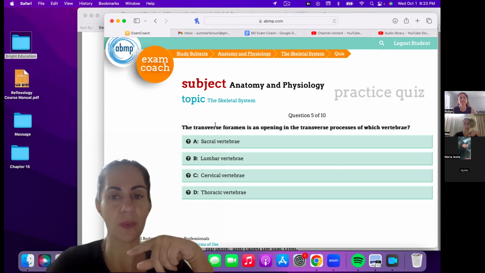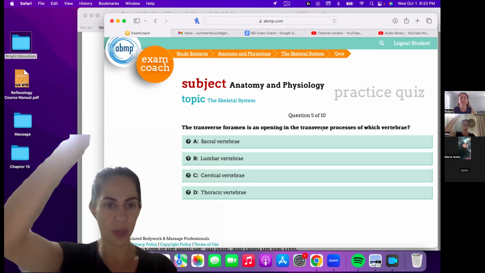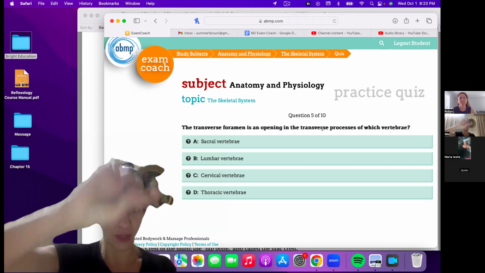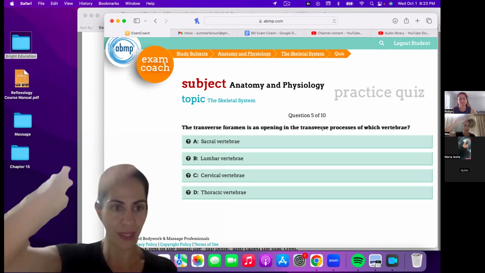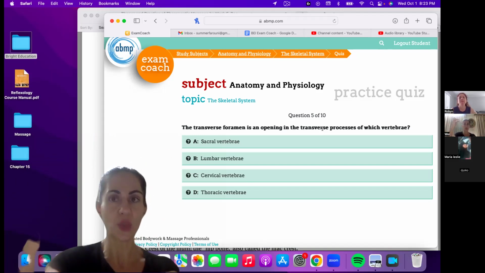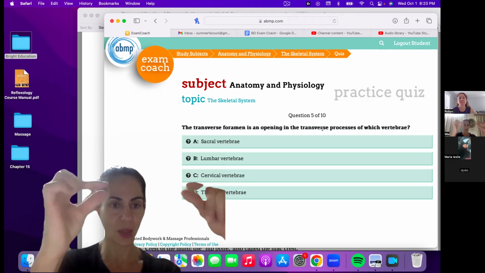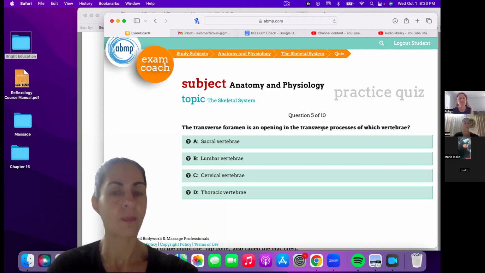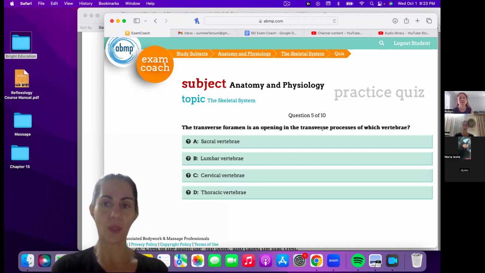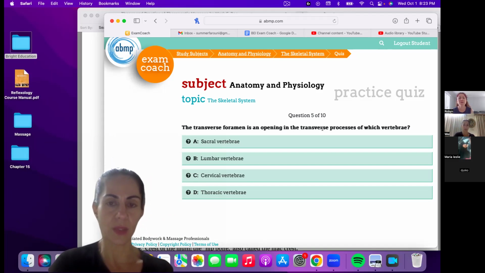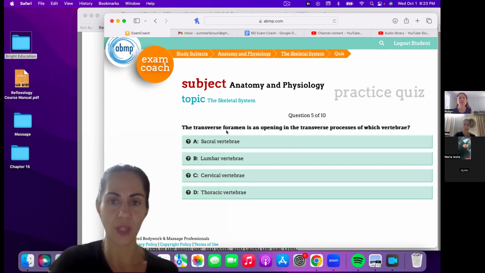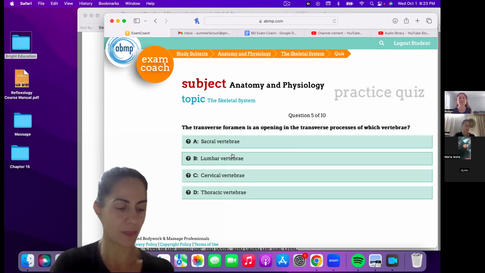On a vertebra you have a spinous process, the bone sticking out in the middle of your back. Then there are ones on the side, called transverse processes. So the opening is on which vertebrae? Sacral?